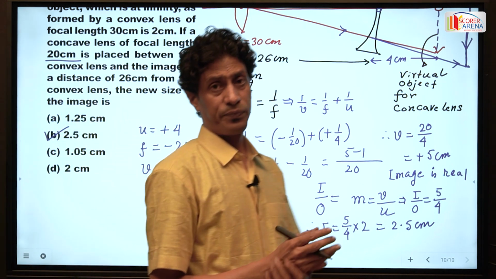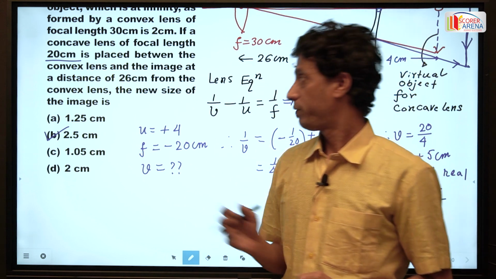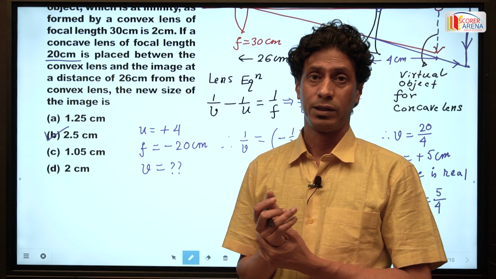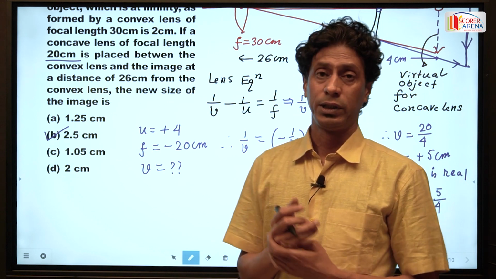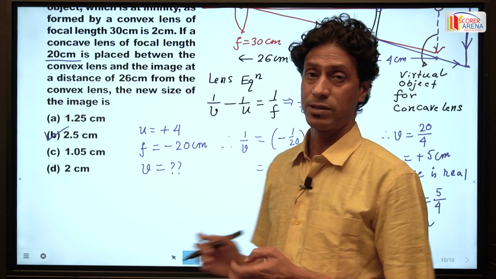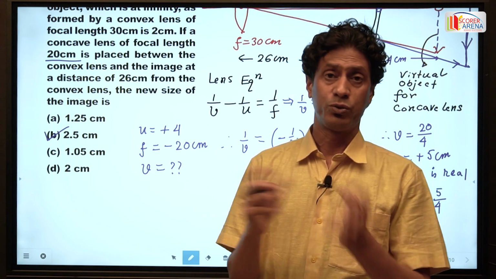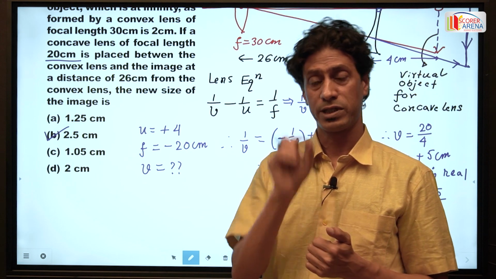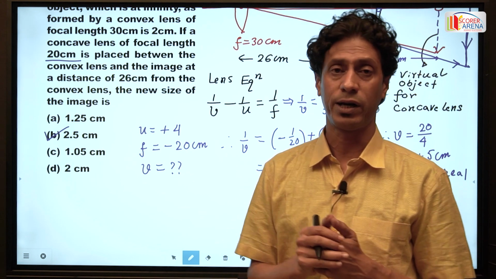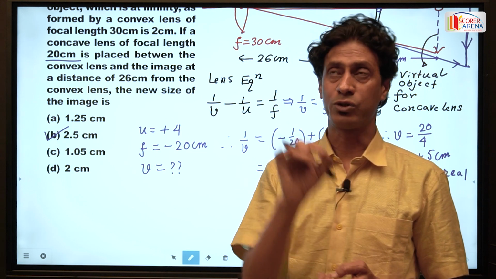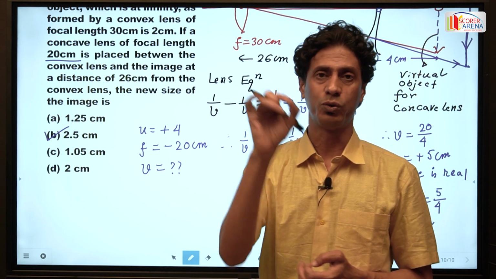So in this way, we have discussed today 10 selective questions of ray optics. I hope that you all are benefited by this, and try to apply the Newtonian equations, the simple equation xy is equal to f square, and magnification as per the Newtonian equation m is equal to f by x equal to y by f.